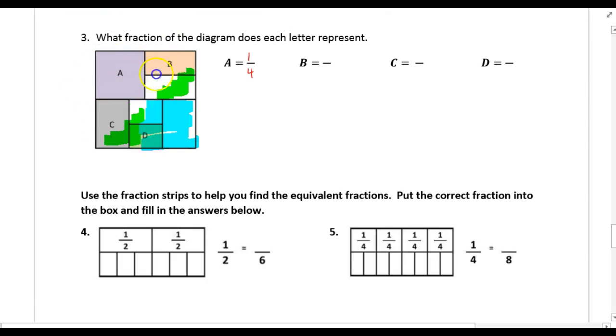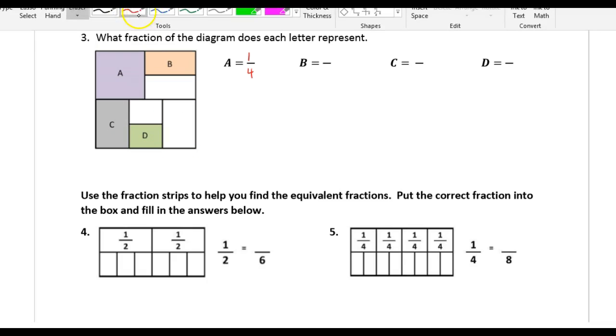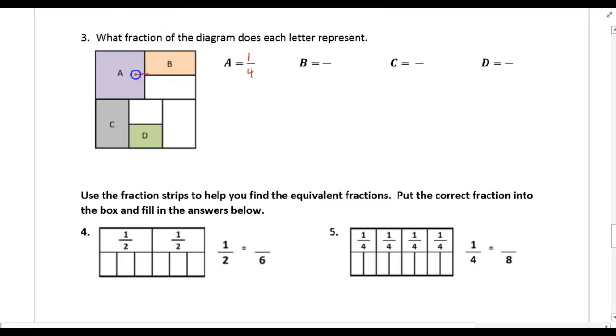Now, for the next one, for B, right? If I look at B, think about this. If I extend this here, and I bring this down here, and I extend this here, and then that there.